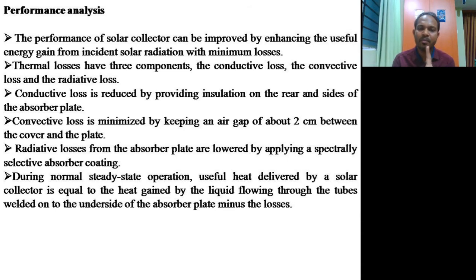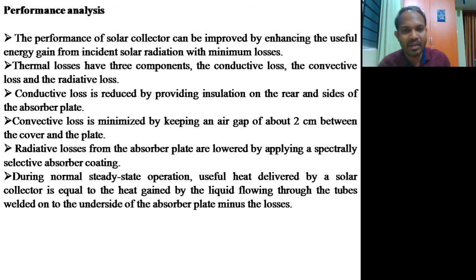Convection is the mode of heat transfer wherein the heat transfer takes place between a solid and a fluid. Whenever I'm talking about a fluid, it can be a gas or it can be a liquid also. Is that clear? Between a solid and a fluid, within the fluid itself, and between the fluid and the solid.